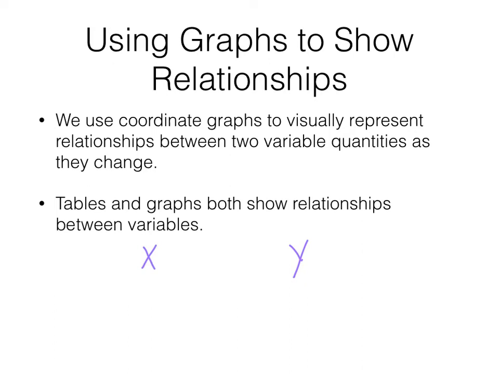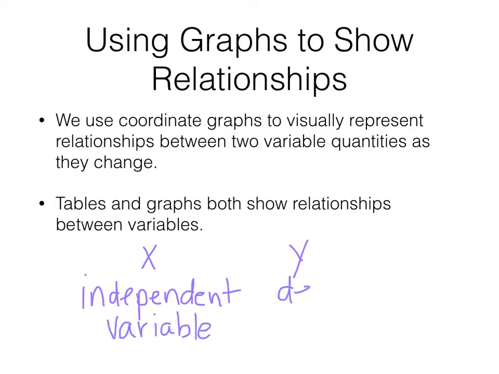Your x is your good old independent variable. Just like in science, we have an independent variable, and that is the x. The y is the dependent variable. The dependent variable is the y, the independent is the x. Think about it like this.